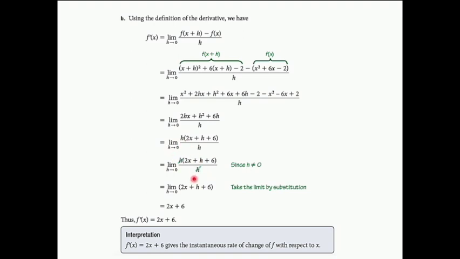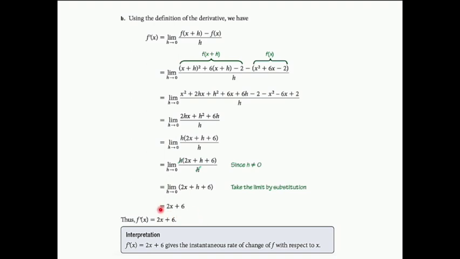And then at the end, we can factor out an h, and what we're left with is 2x plus h plus 6. And then now, because we've got rid of the h in the denominator, we can use direct substitution to find the limit. In this case here, when we plug in h is 0, we're left with 2x plus 6. So this is the derivative with respect to x, and look how we have the notation here.